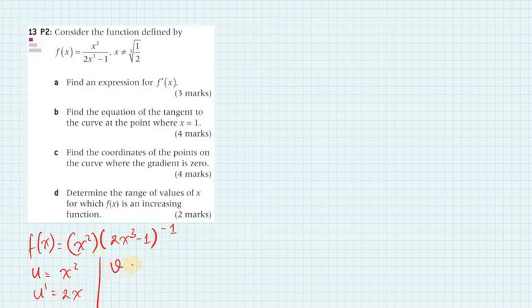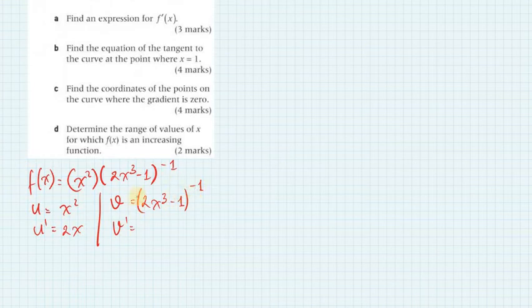Then our v equals (2x to the power of 3 minus 1) to the power of negative 1, and v' equals, by the chain rule, negative 1 times the same content in the bracket to the power of negative 1 minus 1, negative 2, times the derivative of the content in the bracket. The derivative of 2x to the power of 3 is 6x squared. The 1 is just gone. So let's tidy up a little bit.